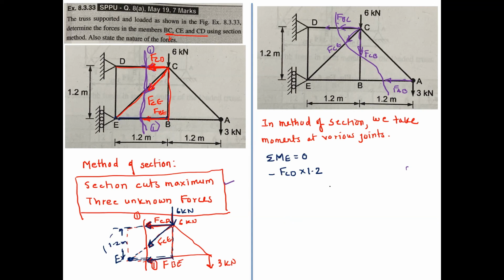Again it is clockwise, so plus 6 into 1.2. And then the next force is 3 kilonewton, and its moment from E is again clockwise, plus 3 into 2.4, equal to 0. From this you will get the value of FCD. How much is it? Is it 12?